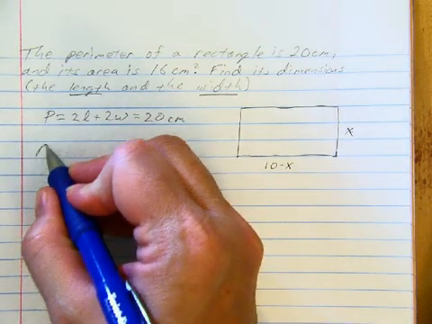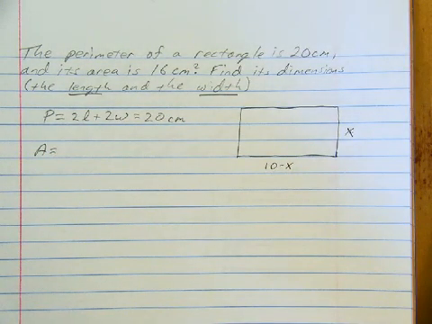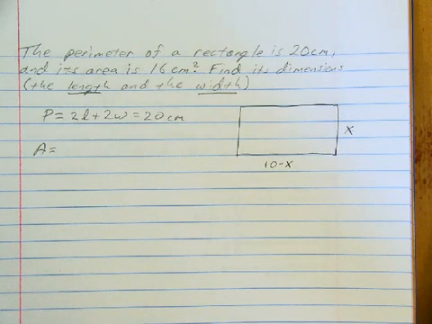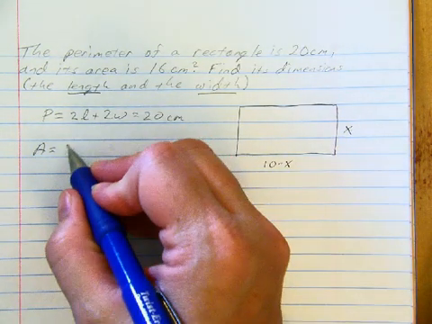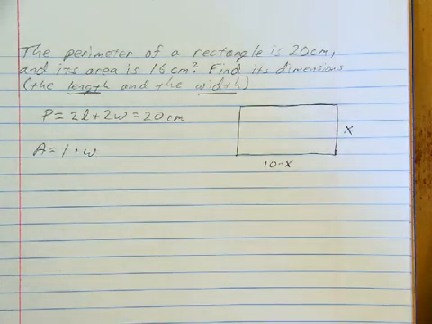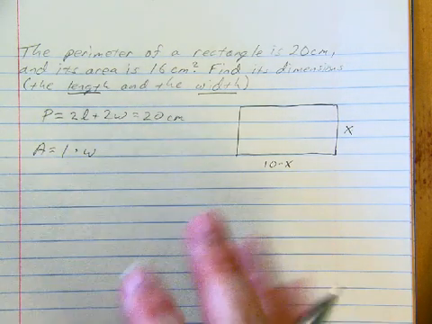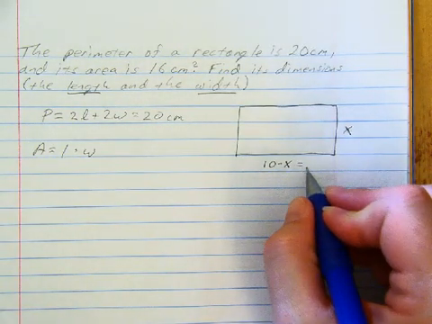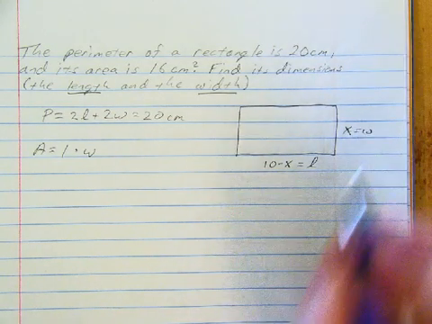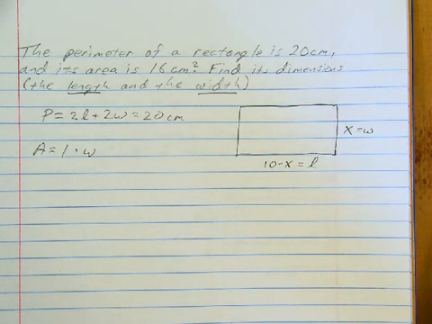When we're dealing with area. Okay? So area, we said, was length times width. And in this case, we've decided that 10 minus x is our length and that x is our width.